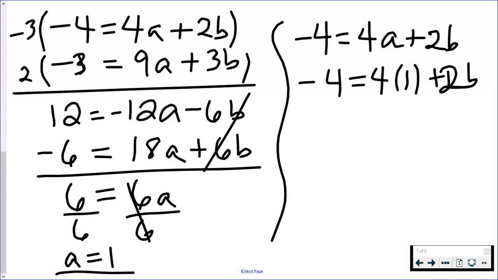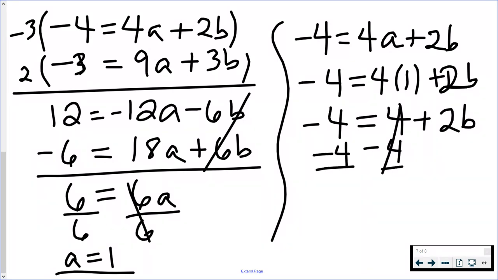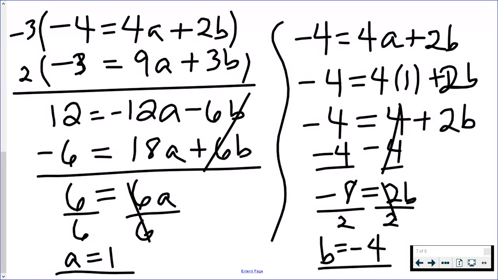So we have -4 is equal to 4 plus 2b. Move the 4 over, we get -8 is equal to 2b, and then divide by 2. So now we have our b value of -4.